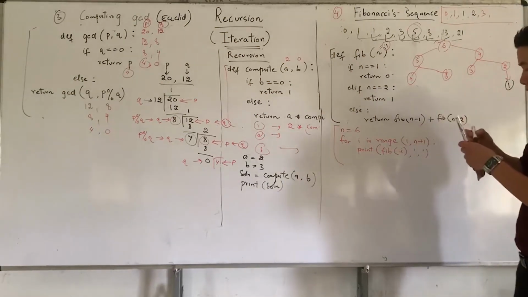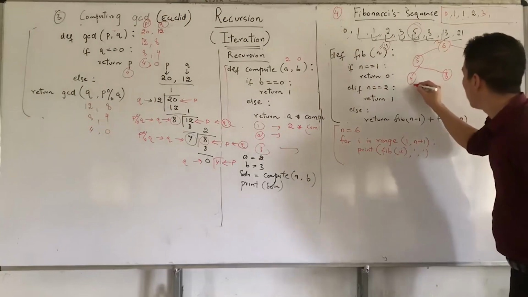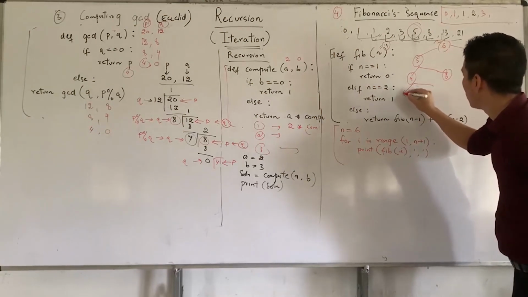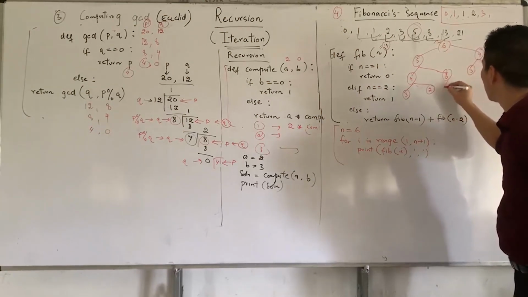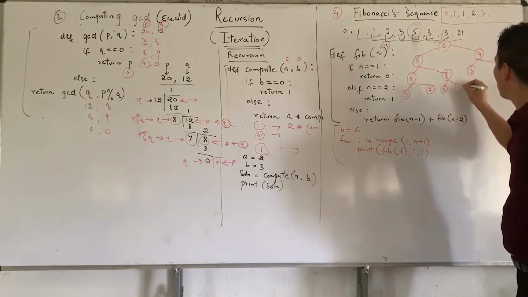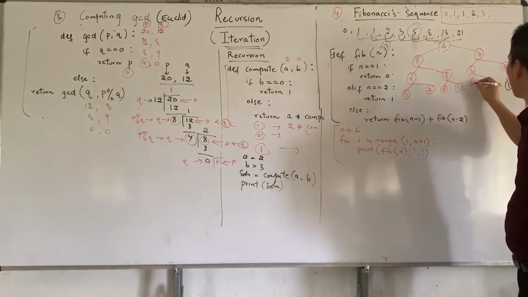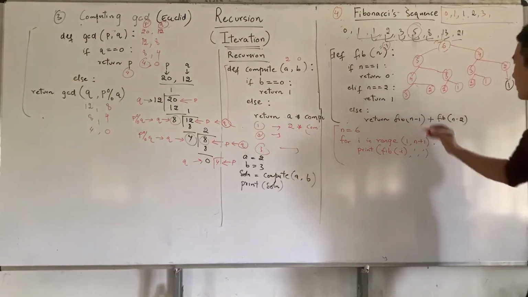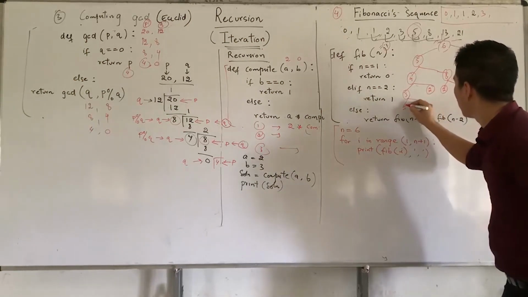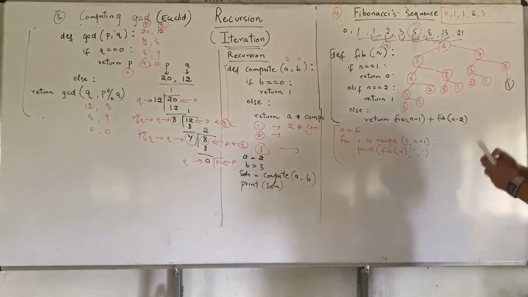And then you have here, this will be further broken down into 3 and 2. This will be 2 and 1, and this will again be 2 and 1. This will again be 2 and 1, right?